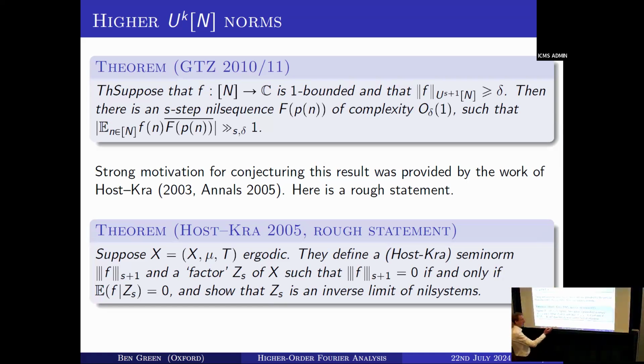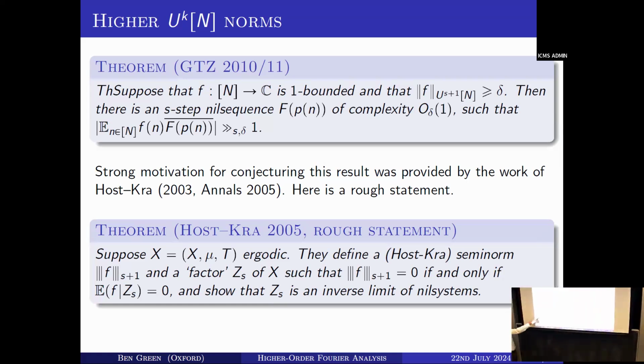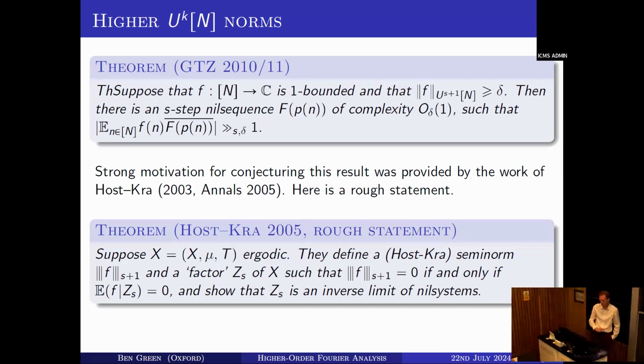And their theorem is that it is zero if and only if the projection of f, which is a function on some measure-preserving system, onto some sort of a nil system is zero. Contrapositive, if their norm is not zero, this projection is not zero, that tells you that your f has some sort of nilpotent behavior. So you can very clearly see that this is a sort of ergodic analog of the inverse conjectures.